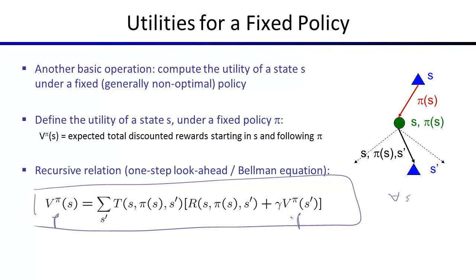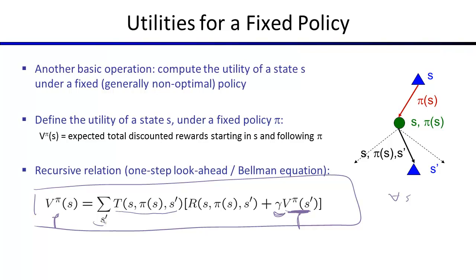On the right side, the only place the variable appears is over here. It's multiplied by gamma. That's a linear operation because gamma is a constant. Then after that, it's multiplied by T, which is some number we look up in a table, right, for each s, pi(s), s prime. And then there's a summation. So we have a linear combination of the variables on the right-hand side and just the variables on the left-hand side of these equations. This means we have a linear system of equations.